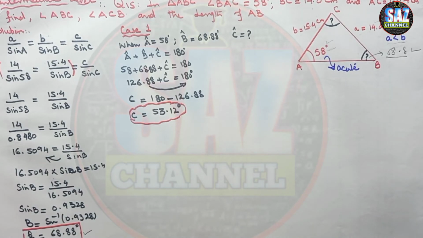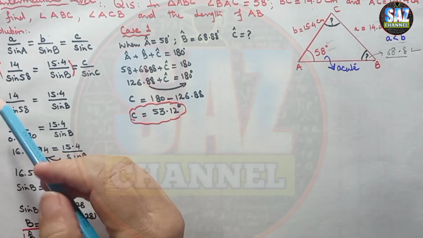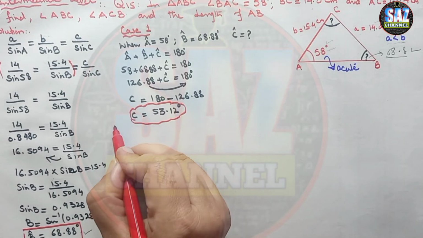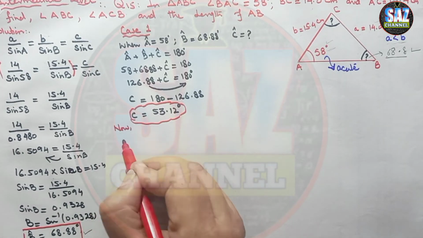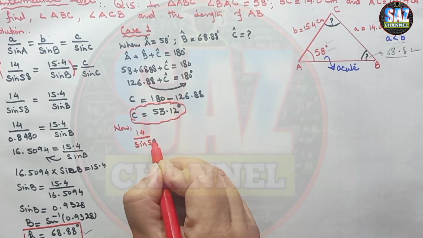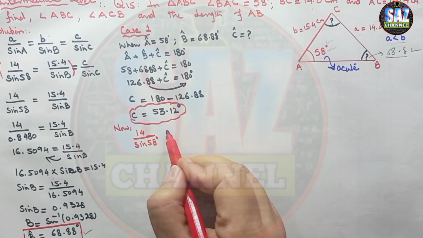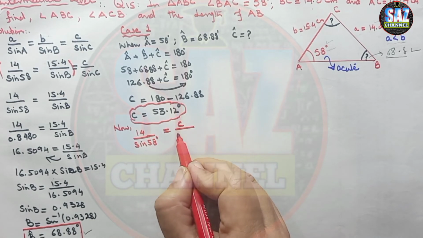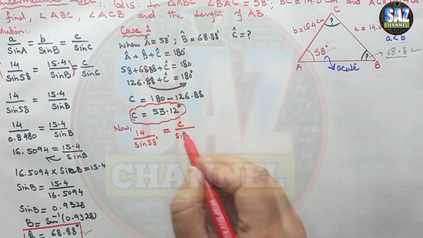In order to go for length AB, I have to again make use of this portion of the equation, that 14 upon sine 58 degrees equals C upon sine C.